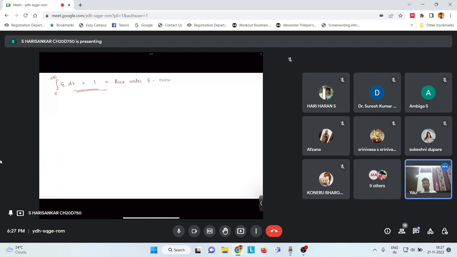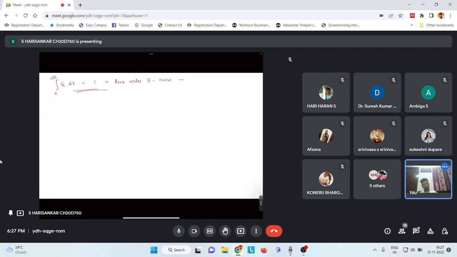So a lot of the problems or questions with regards to non-ideality, non-ideal reactors or residence time distribution will be using this concept, such that the area under your E curve is basically 1, right?